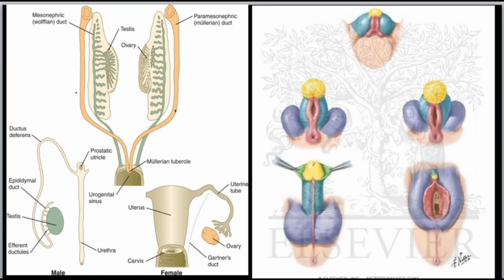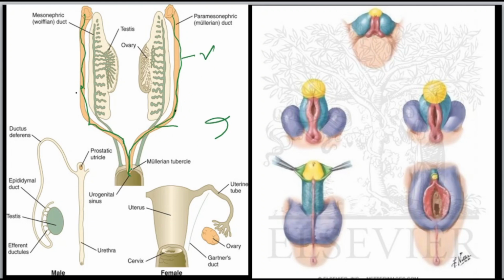Okay, we will see the previous figure. We learned about the structure of the female genital organ. This is the paramesonephric duct: this upper vertical part, intermediate horizontal part, and lower vertical part.